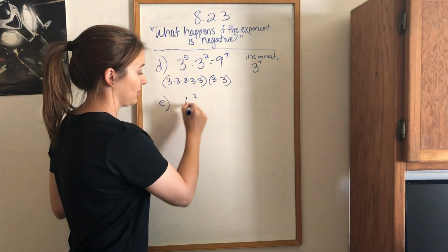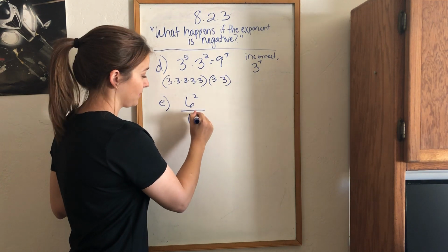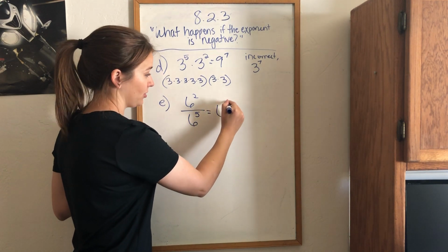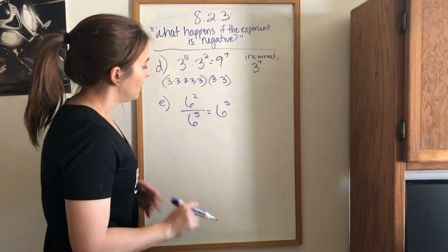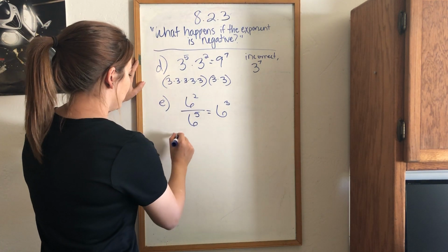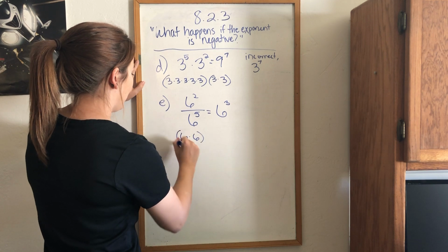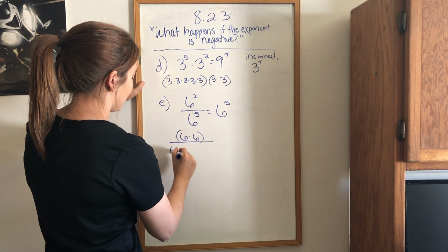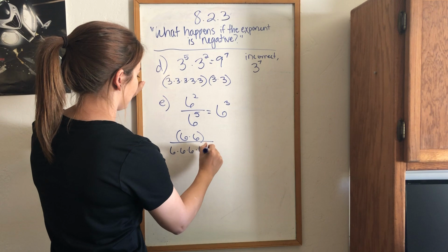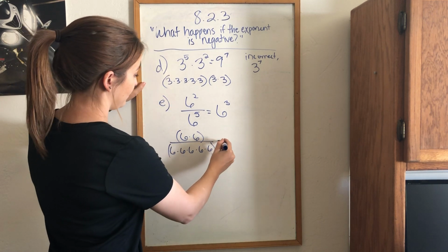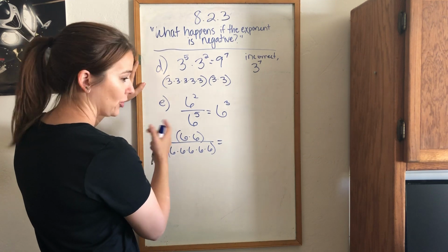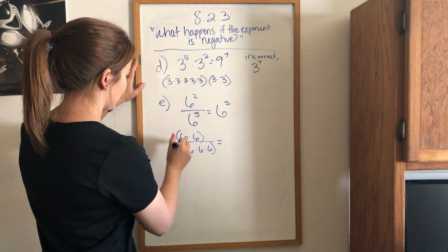6 to the 2nd over 6 to the 5th equals 6 to the 3rd. All right, let's expand out the fractions. We have 6 times 6 on top. Then we have 6 times 6 times 6 times 6 times 6 on the bottom. So I have some simplifying to do. I'm going to look for my ones. 6 divided by 6 gives me 1.